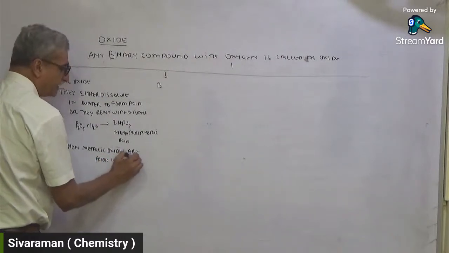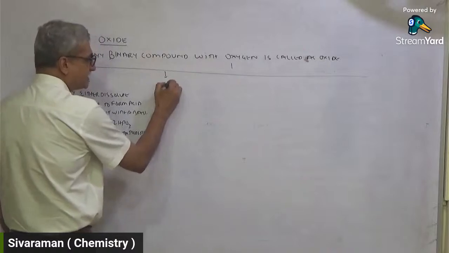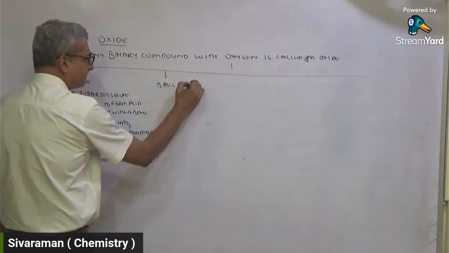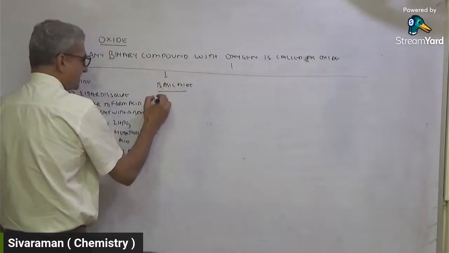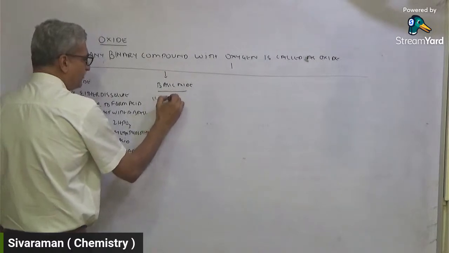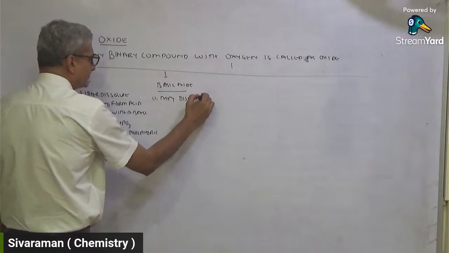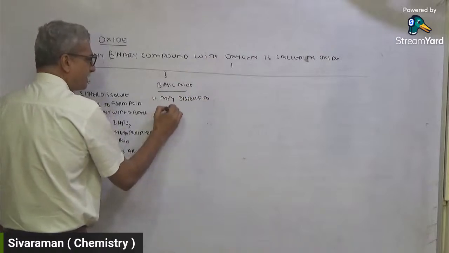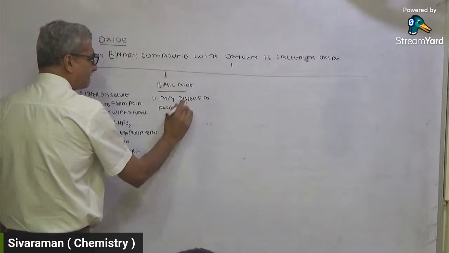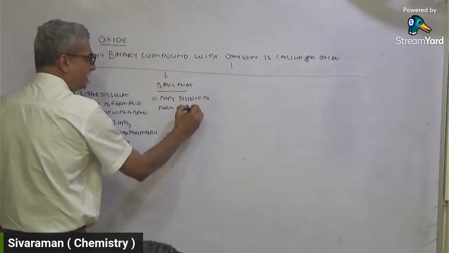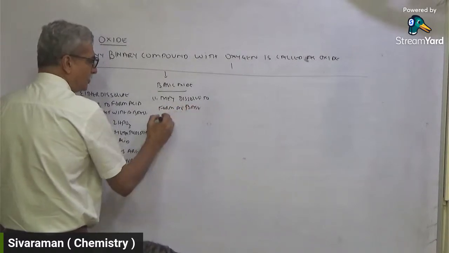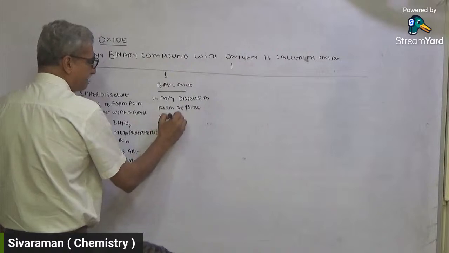This is another criterion. Then we have basic oxide. Basic oxides dissolve to form a base, or they react with acid.